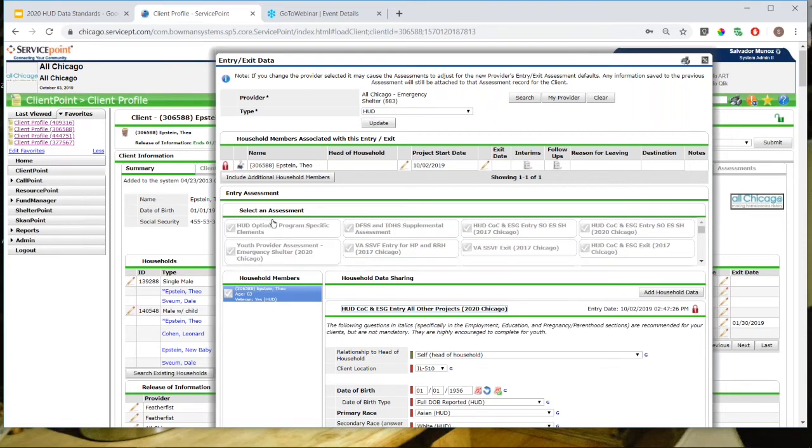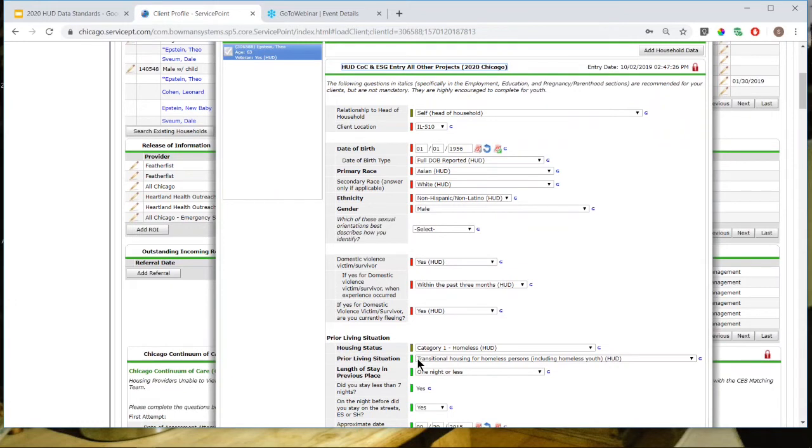Now, things like the DFSS and IDHS supplemental or the HUD optional program specific elements assessments, those do not have a 2017 or 2020 indicator. Those are fine. Those are sort of these evergreen questions that we ask that aren't necessarily linked to HMIS, that aren't linked to the data standards that we have to adhere to when submitting to HUD.